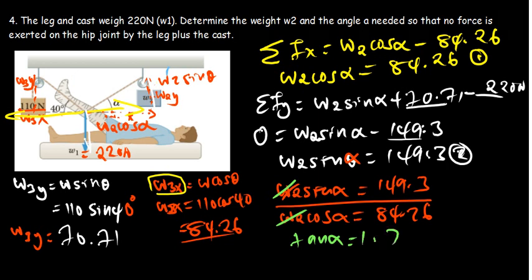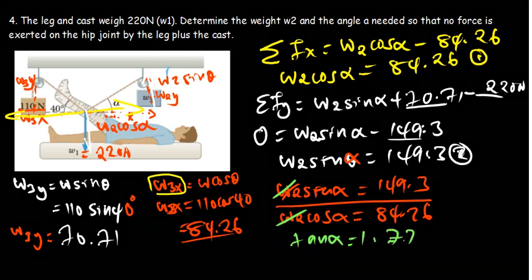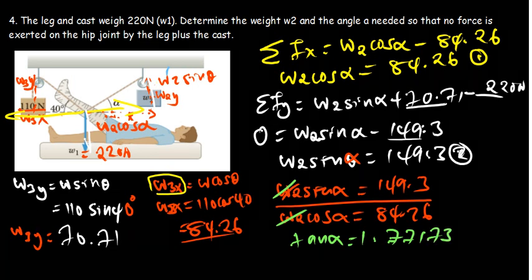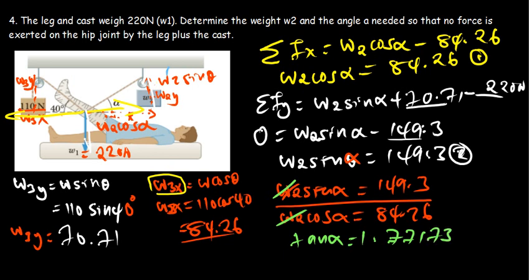When we divide that one, we are supposed to get 1.77. Yeah, my calculator here is giving me 1.77173. Now if you want to find the angle, you say alpha is going to be equal to tan inverse of 1.77173. Sorry, I'm used to theta.